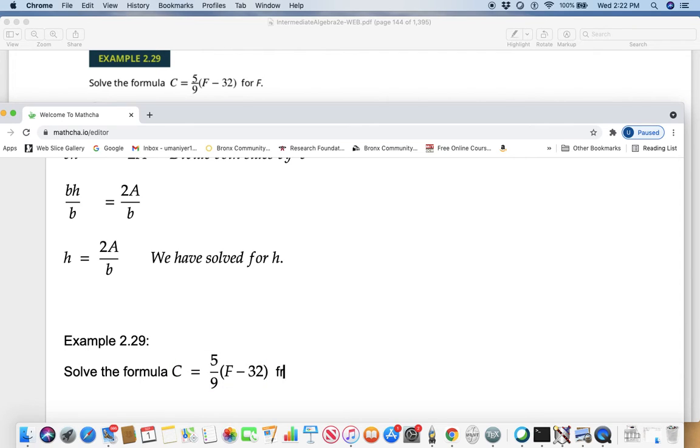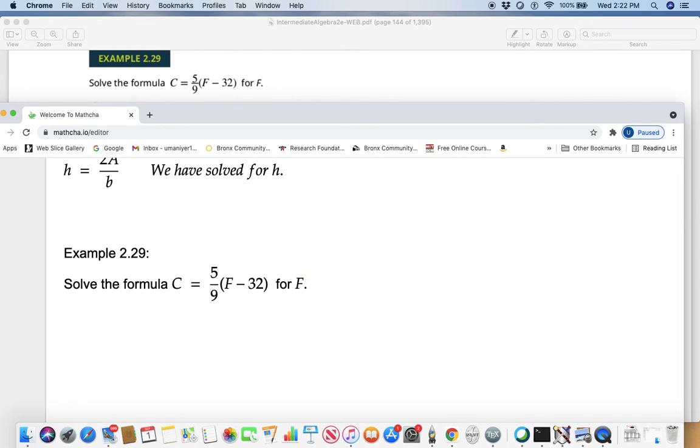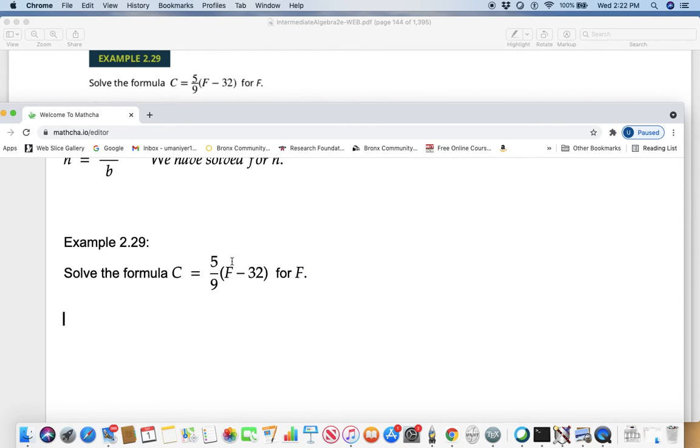You want to solve this formula for F. Because F is over here, I will rewrite the formula with the part containing F first, and then equal to C. All I have done is flip this formula around, which is okay. So notice I have a 9 here. I want to get rid of the 9. Because it's the denominator, multiply both sides by 9.